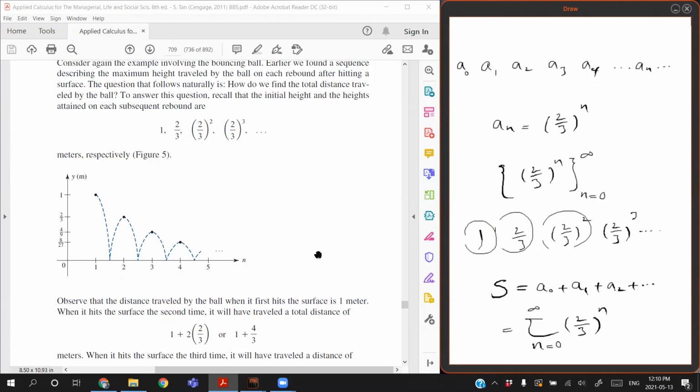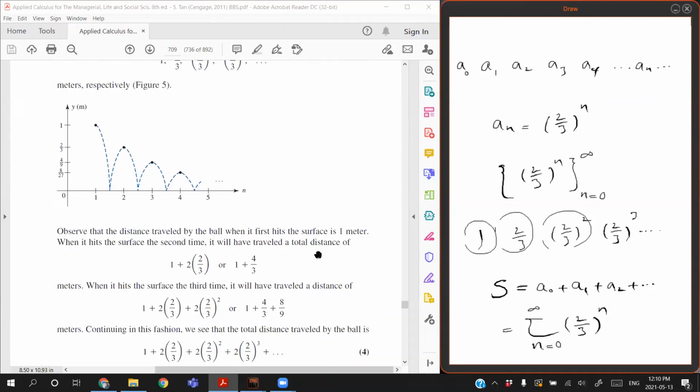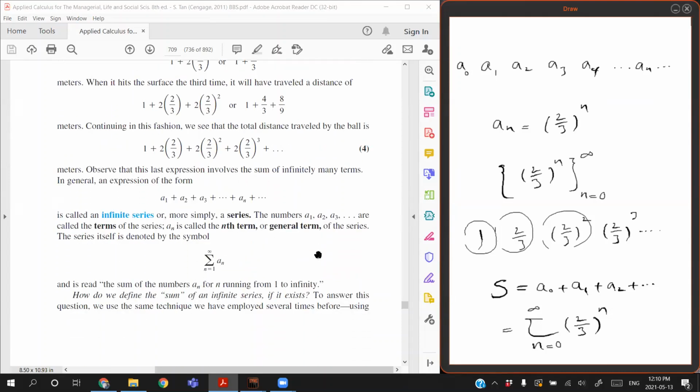So each series is defined based on a sequence. Now, in order to study a series, we need to define some concepts and notations. Something like this that I indicated with S is called an infinite series, or simply a series.